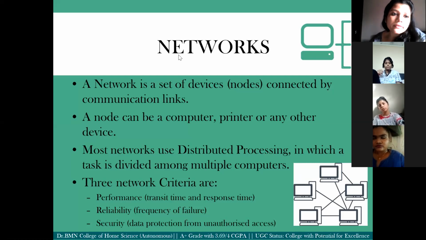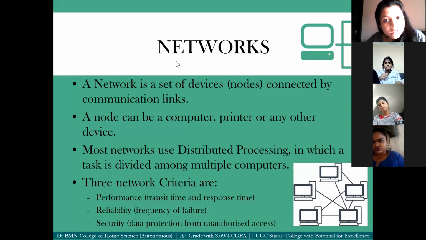Suppose the addition is done by one processor, then the other processing is done by another processor, saving is done in some other machine. This is known as distributed processing, where the task is divided among multiple computers in the network. I hope you all understood what is distributed processing. So networks generally use distributed processing.